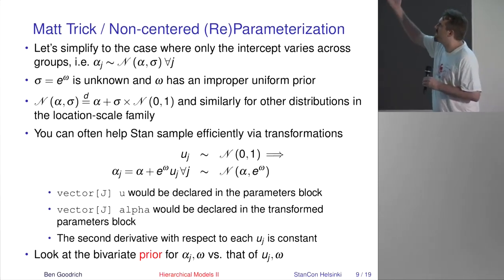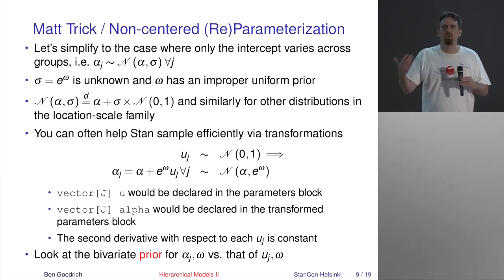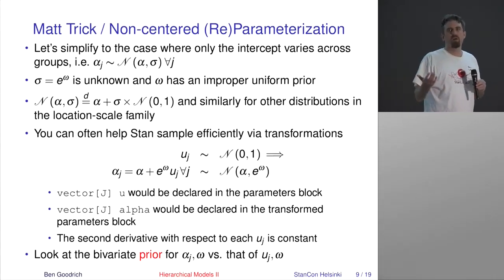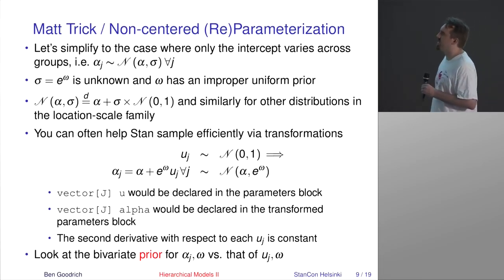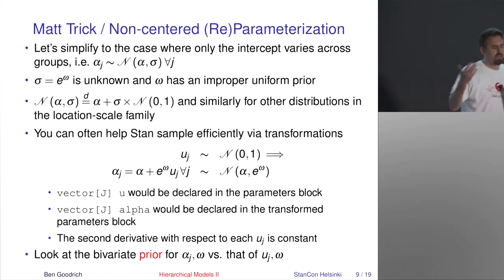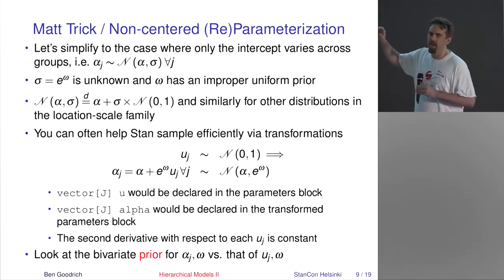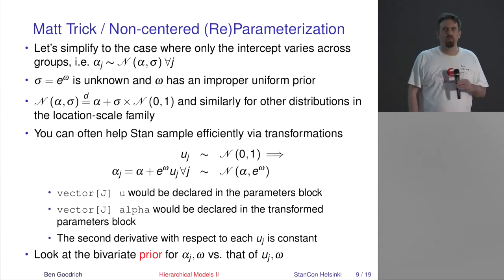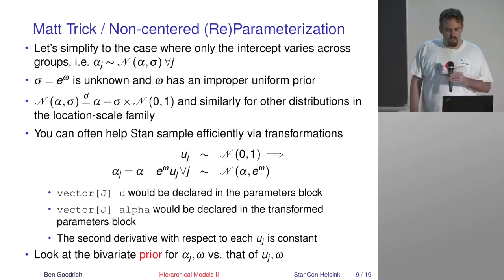And so by putting a standard normal prior on U, that reflects we have these general normal prior beliefs about the alpha j's, that they're distributed before we see the data normal with expectation alpha and deviation sigma, where sigma is represented by e raised to the power of something to ensure that it's positive.